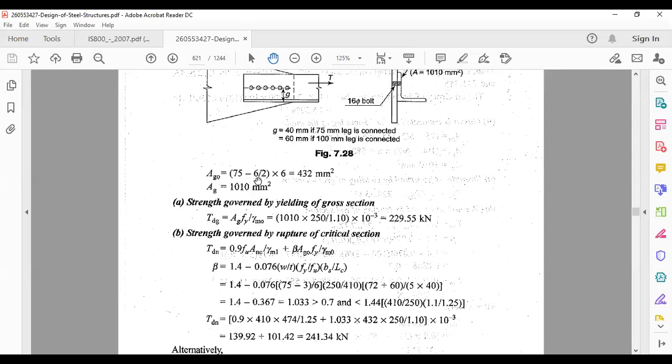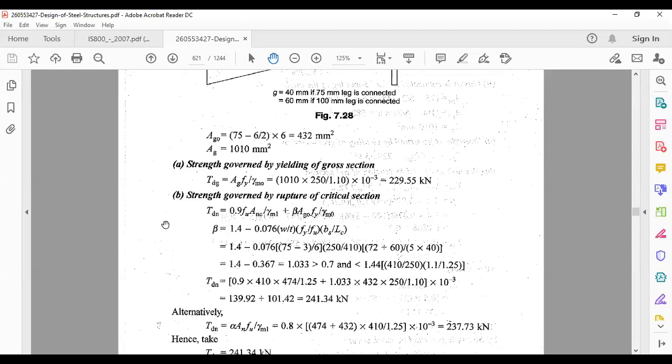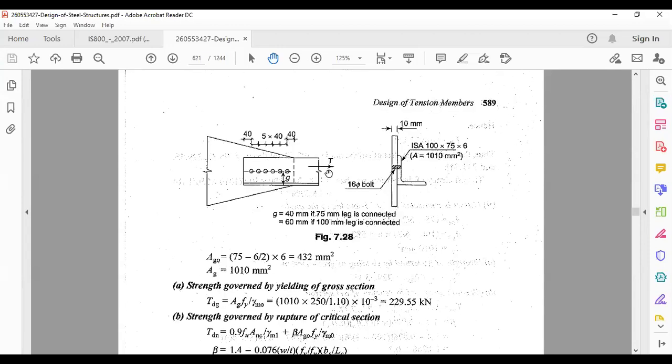Okay, right. Then Lc will be the length of the connection. So whatever number of bolts are provided over there. Number of bolts we can decide, because when we are designing the connection for a tension member, the force in the member T will be given to you while designing, and we can decide what size of bolts we are going to provide.